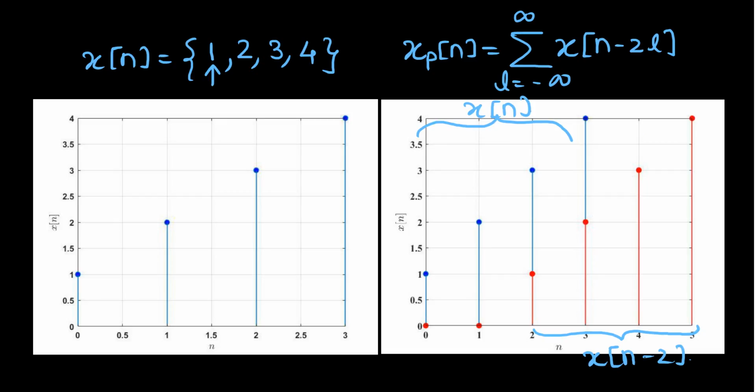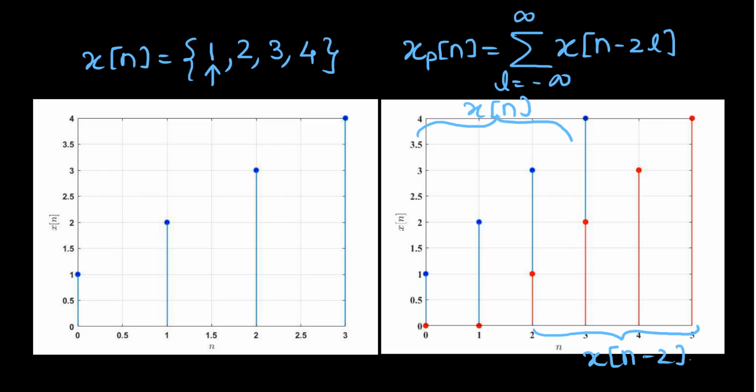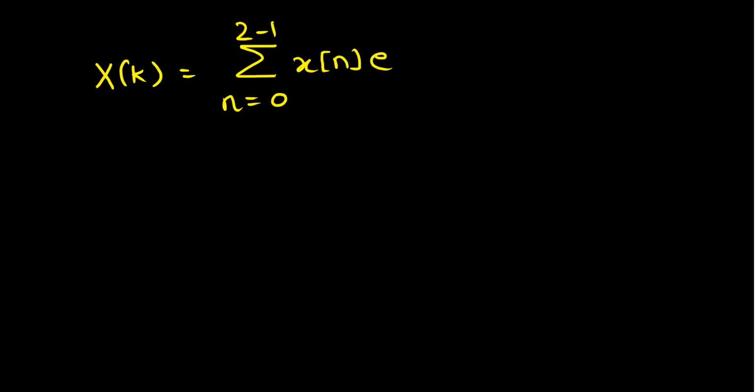So we know that the DFT, that is x of k, can be obtained as summation n running from 0 to n minus 1, so that is 2 minus 1, x of n into e to the power minus j 2 pi k n by n, so the value of n is 2.